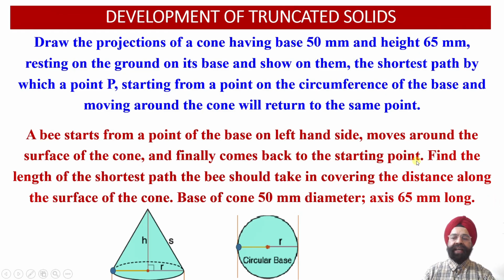So we are required to evaluate the length of the shortest path that the bee should be taking in covering the distance along the surface of the cone over here. So here the base of the cone has been provided to us as 50 millimeter diameter and the axis height has been provided to us as 65 millimeter long.